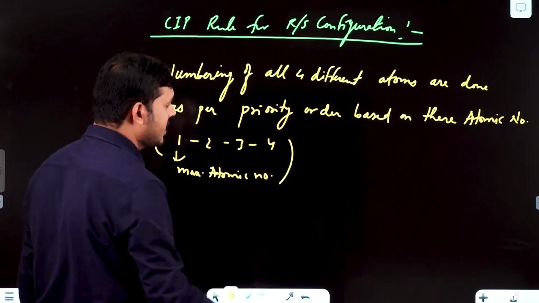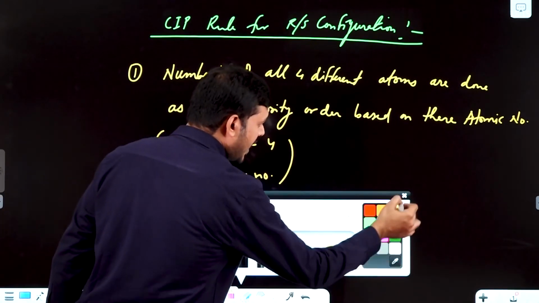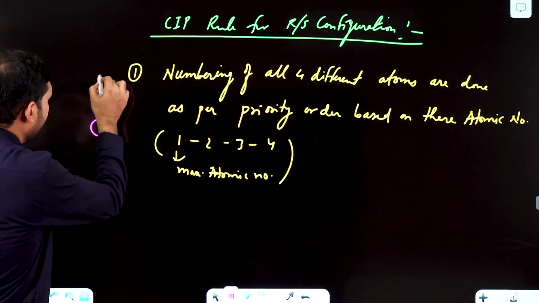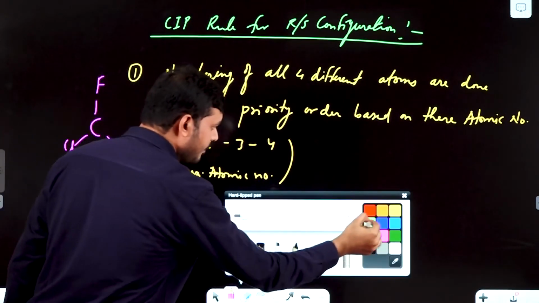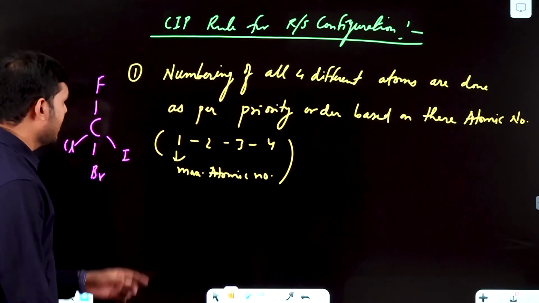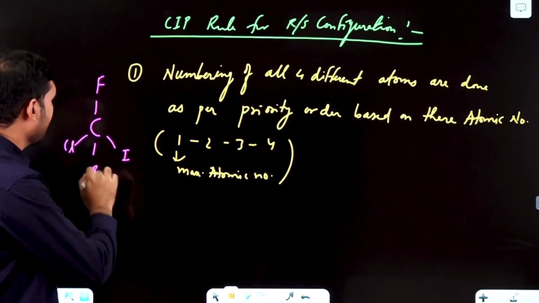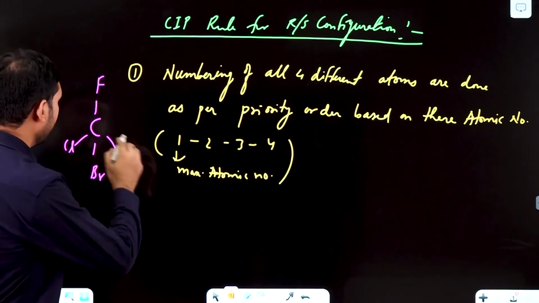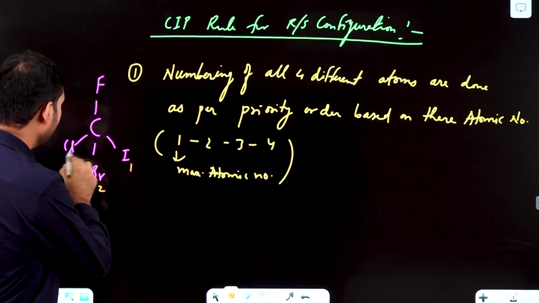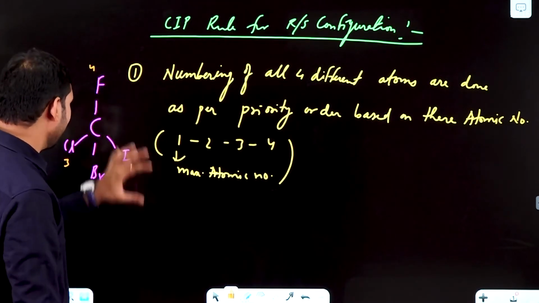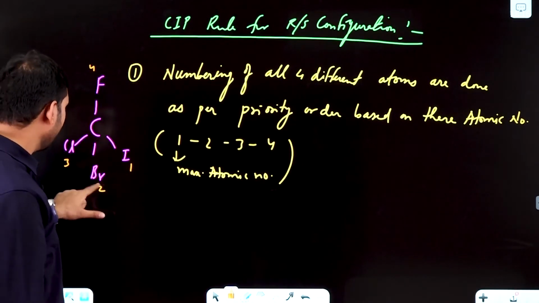Along with the rules, I am writing one example: carbon having fluorine, chlorine, bromine and iodine. This carbon has 4 different atoms, so it is a chiral center, a single chiral carbon, optically active. Here the maximum atomic number is of iodine, so it will be 1, bromine 2, chlorine 3 and fluorine 4. In this way we make the numbering 1, 2, 3, 4, with maximum priority being 1, then 2, then 3, then 4.